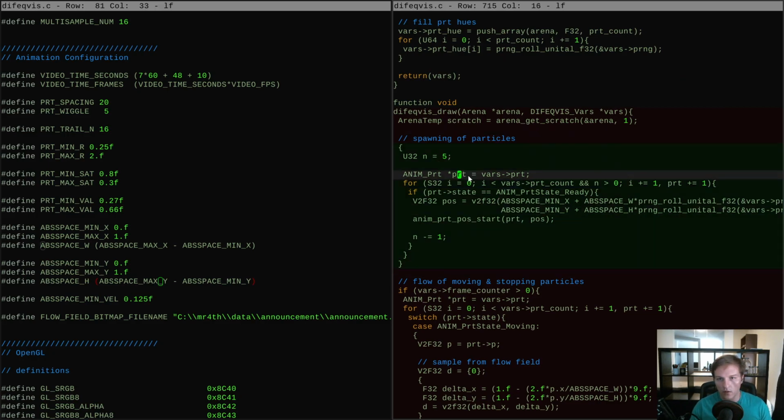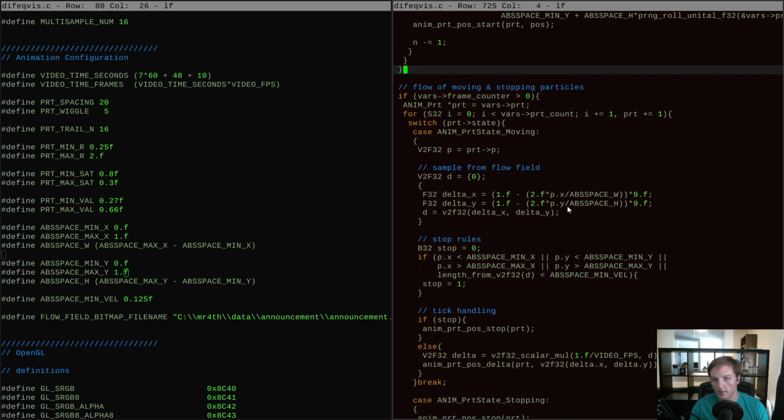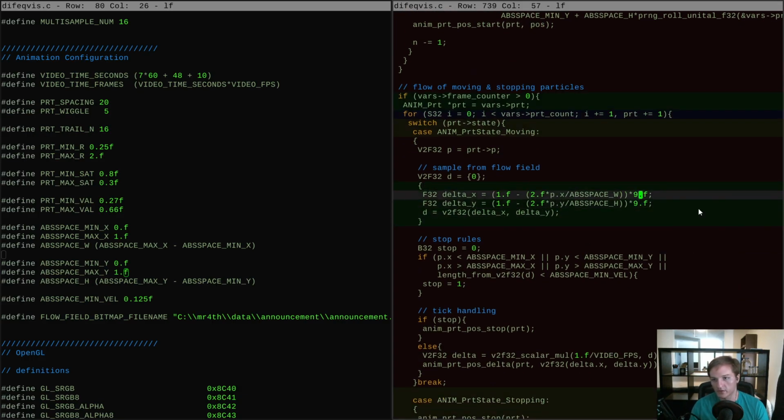Okay, so now I have them in their new unit box space with their unit box velocity limit, which is such a huge radius now that they're spawning in this much space. They're also moving so fast for the space that they exist in now.